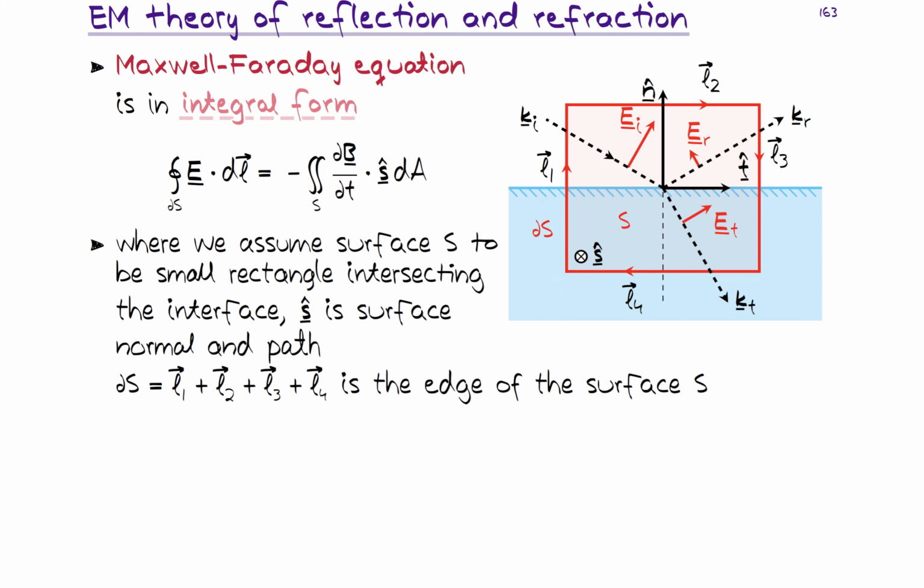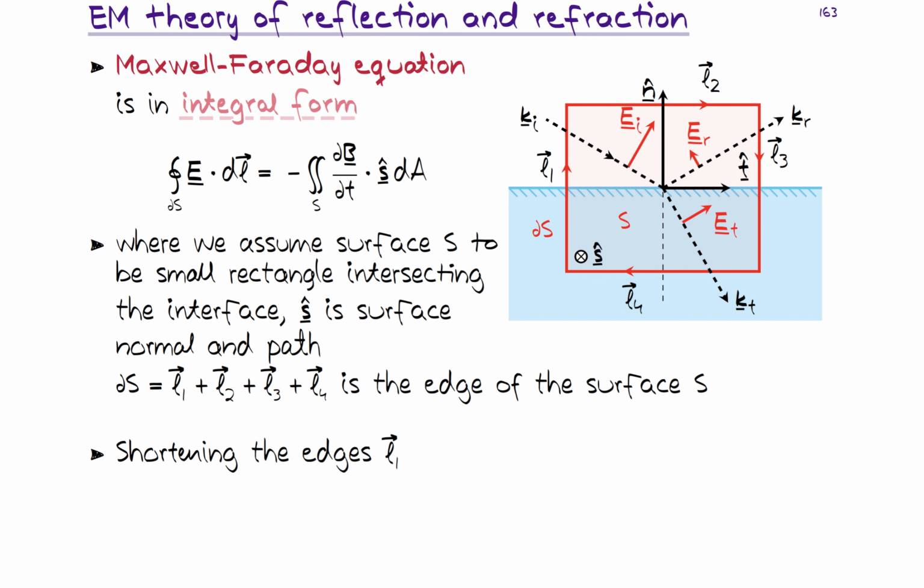And essentially ∂S is the edge of the surface S. Please note that these L's are vectors in a way, so they actually have a given direction, and here we are propagating over the edge in a clockwise manner.